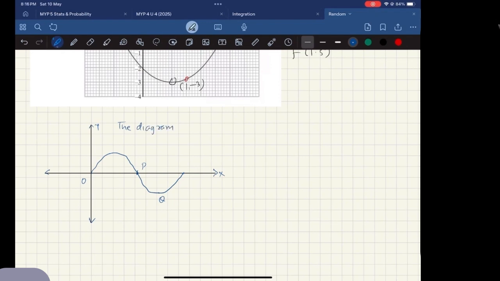So just writing it down. The diagram shows part of the sketch of the curve y equals sine of x degrees. Now you're supposed to do what?